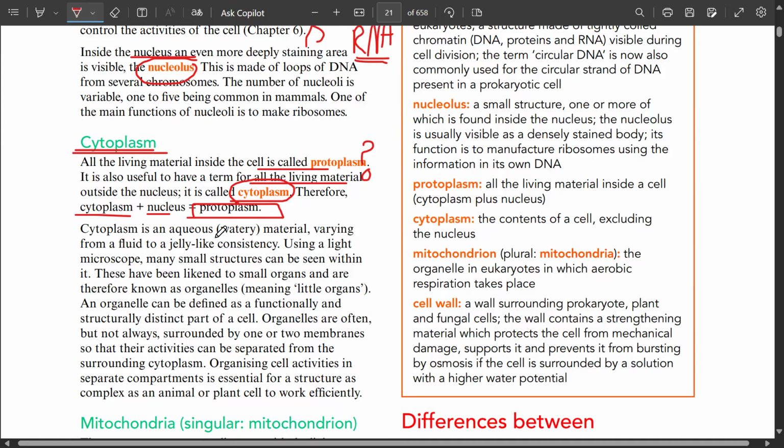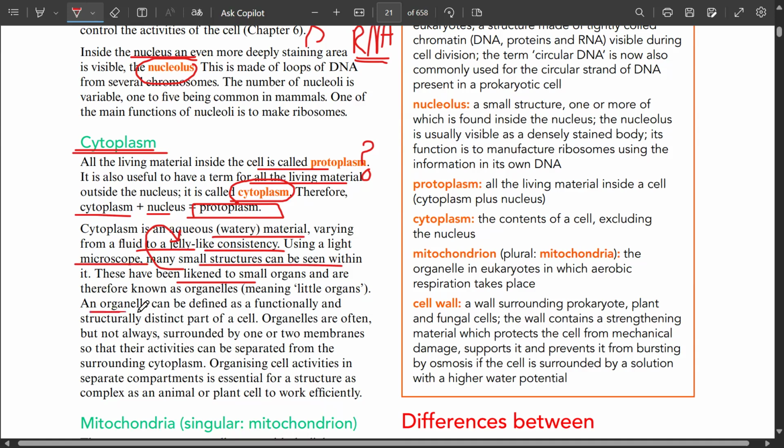Cytoplasm is an aqueous, watery material varying from a fluid to a jelly-like consistency, and using a light microscope, many small structures can be seen within it. These have been likened to small organs. We call these organelles, which keep swimming around in the jelly-like cytoplasm.